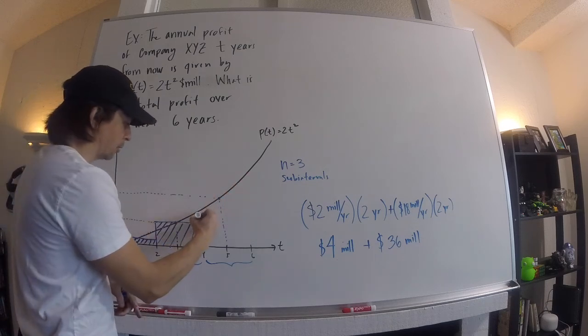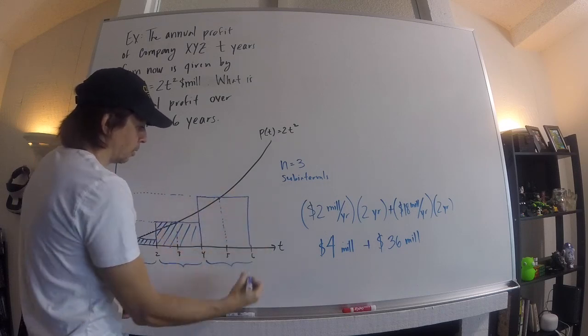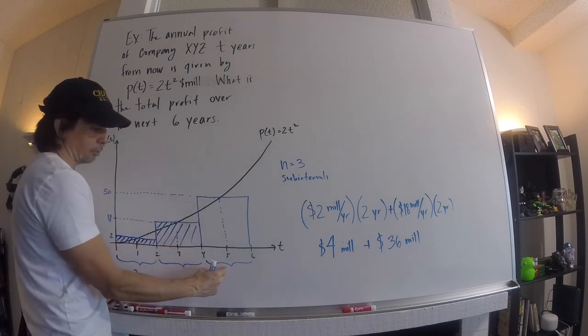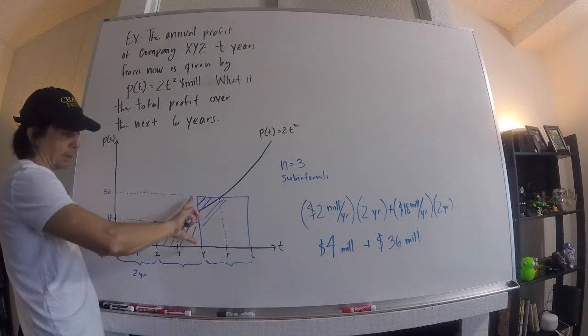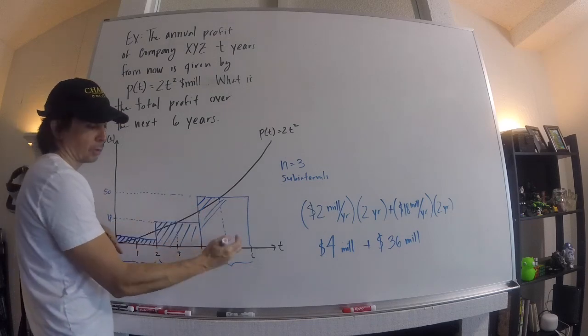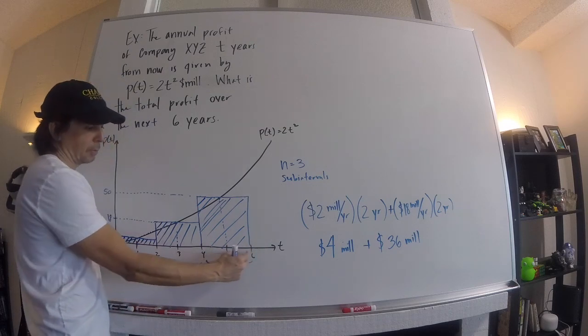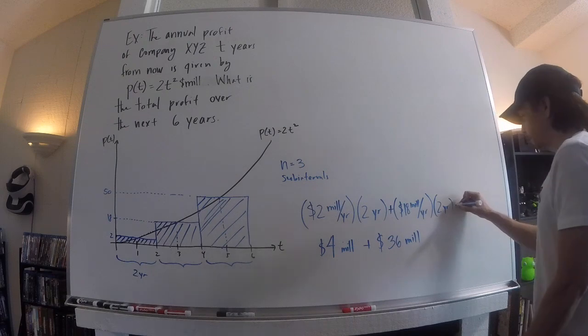But we'll treat it as if, for estimation purposes, they're making 50 million over that 2-year span. And so 50 million, that's just this height. The height of that rectangle is 50 times 2 years. So 50 million over that year, 50 million over that year is what we're estimating. And so that chunk is going to be $100 million.